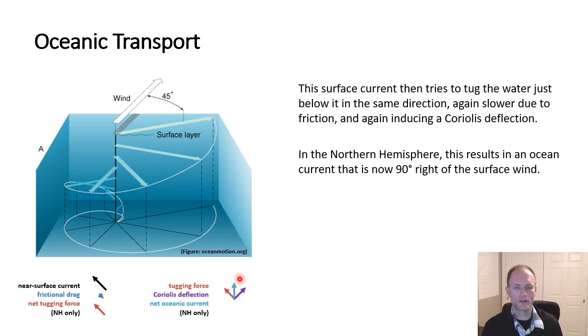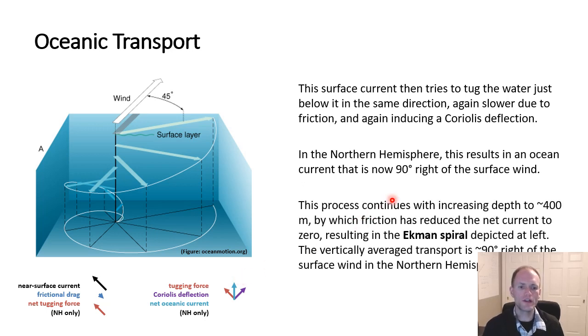Now we are 90 degrees to the right of the surface wind. So this process continues with increasing depth as you keep going lower and lower within the ocean to about 400 meters, roughly 1,300 feet or so below the ocean surface, where there's been so much frictional dissipation that there's really no net ocean current left, at least not one that is associated with the surface wind.